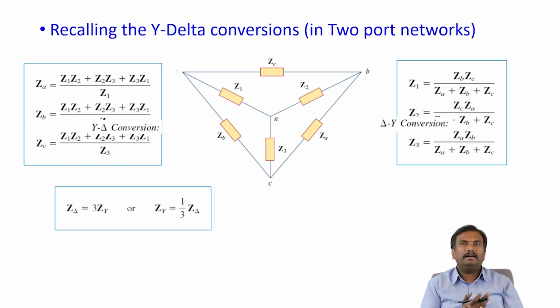And this is how we have the star to delta connections, in the same way as we did in the star to delta transformation while calculating the equivalent resistance.